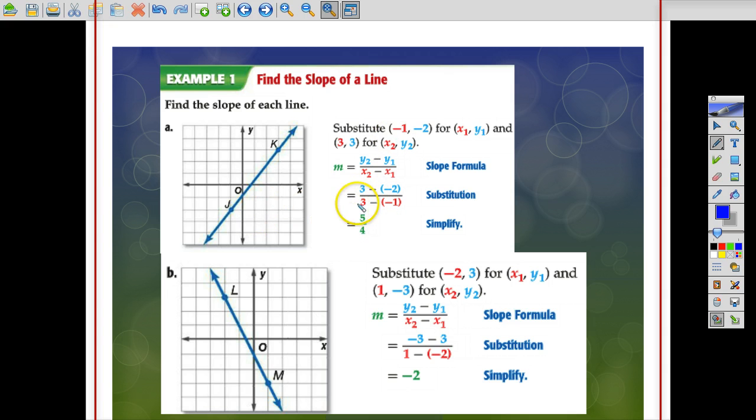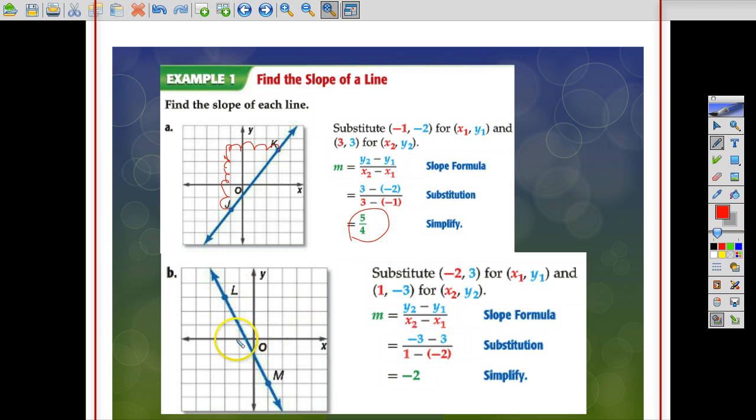Either way, you'll end up with 5 over 4. If you have a graph, you can also count. From one point to another, you count 1, 2, 3, 4, 5. That's a rise of 5. And then you run 1, 2, 3, 4. That's where you get 5 over 4.